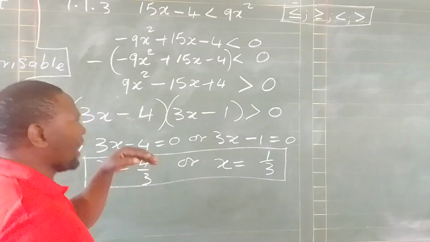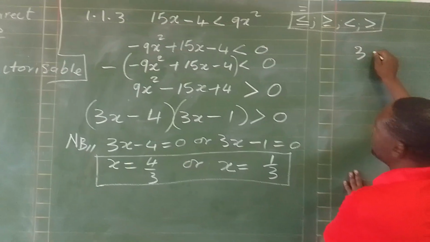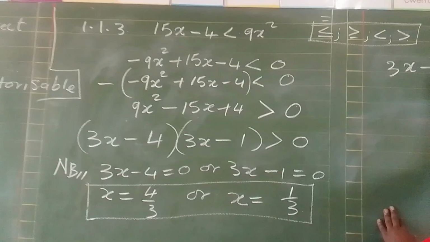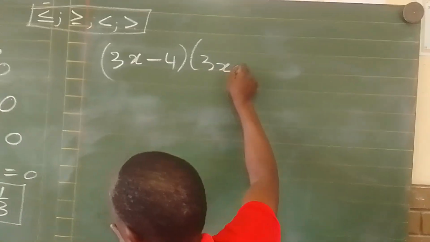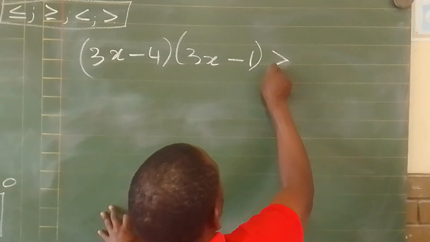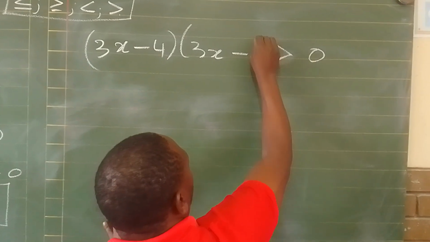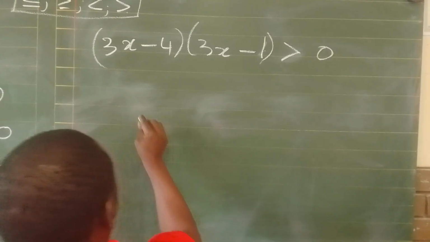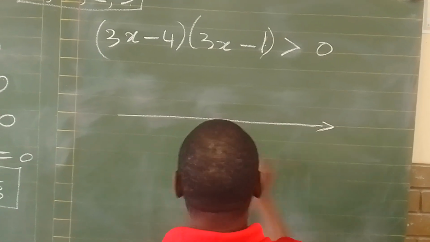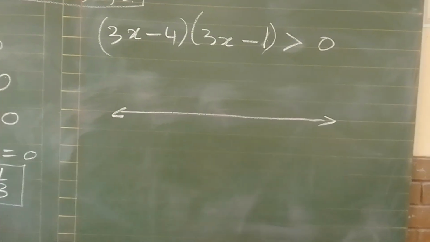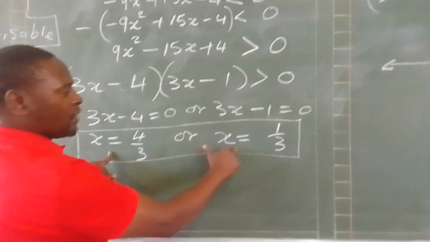Holding water meaning that it must be greater than 0, all of these. When you substitute, now you're taking 3x minus 4, 3x minus 1 is greater than 0. You come to your number line. These points that I said to you, you are not done when you have calculated them.